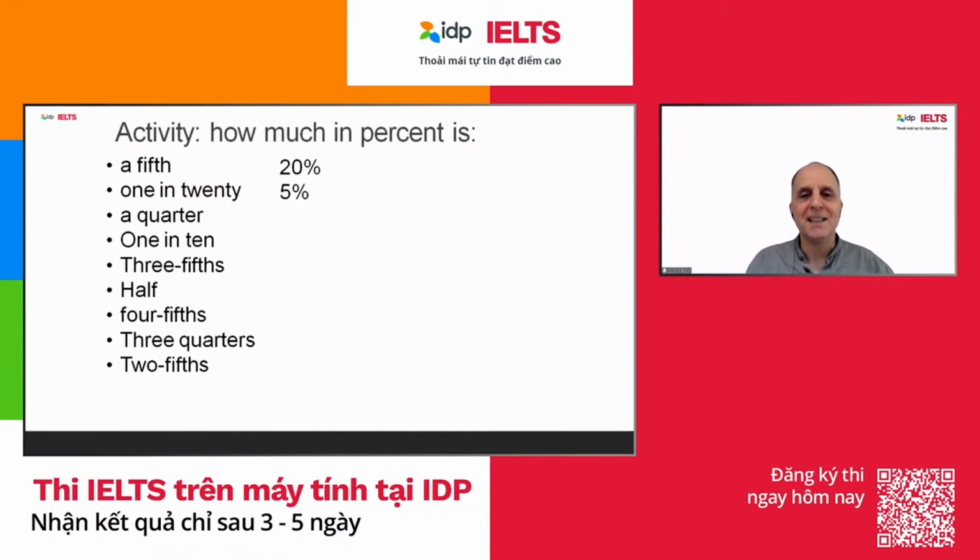5%. Okay. A quarter, how many percentage is a quarter? Yeah, there we go. 1 in 10. That's it. 3/5. 60%. Okay, half.